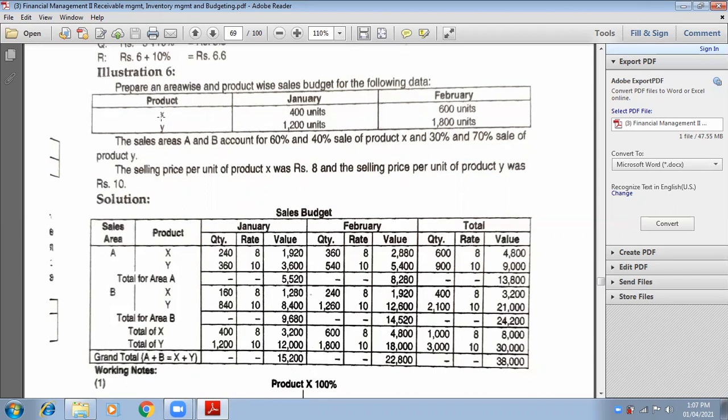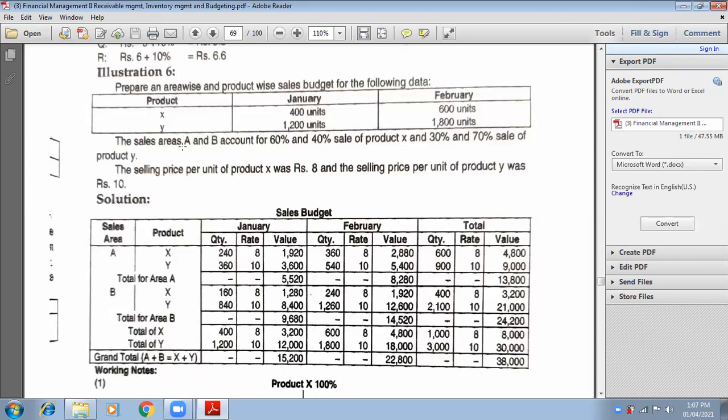So product X, an example of January, 400 units: 60% is sold in area A and 40% in area B. Again for X in February, 600 units are there, and 60% is sold in area A and 40% in area B.